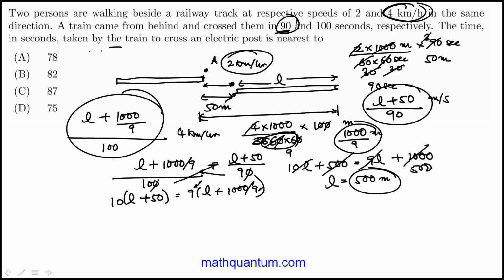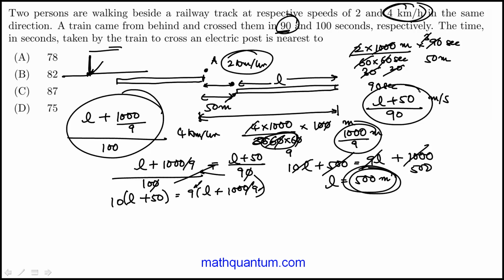We need to figure out the time it takes the train to cross this electric post, which is really the length of its body. Meaning if this is the front of the train, once it reaches the point where the back of the train is here, it would have traveled the length L. So I need to figure out the time. Now I can figure out the rate of this train.